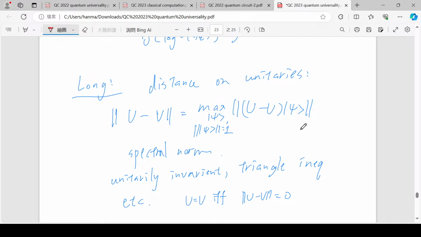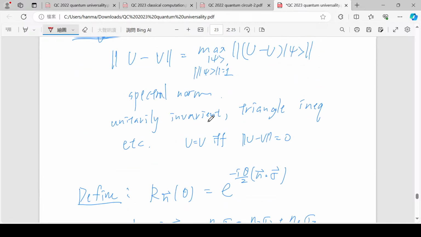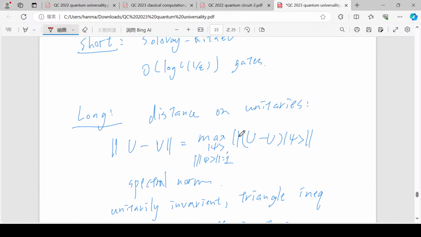So basically you look over all unit vectors. You apply this matrix on any unit vector, and you see what's the maximum length you can get. And so this is called the spectral norm. And it's basically the largest eigenvalue of this matrix, if it's diagonalizable.